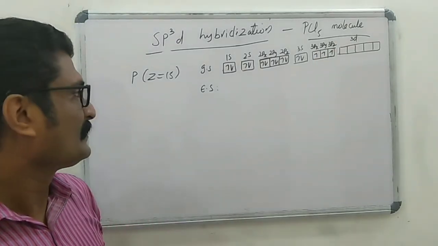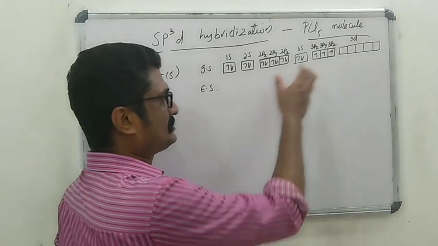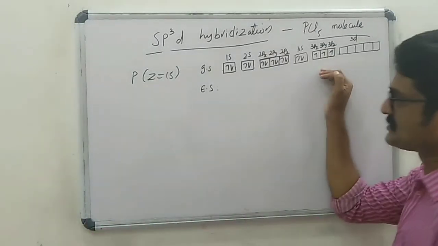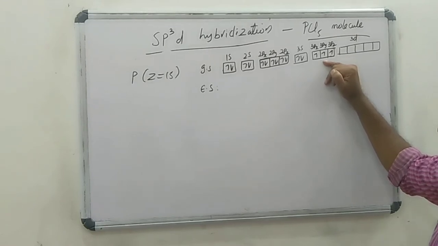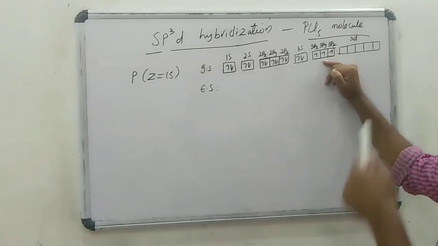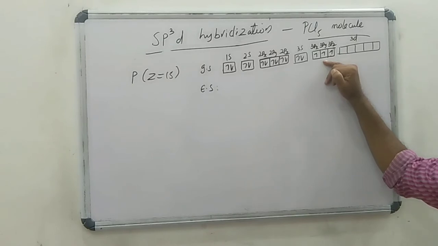3pz1. Okay. But the number of half-filled atomic orbitals in the ground state is only 3. Hence, the ground state configuration indicates the covalency of phosphorus is only 3. Phosphorus is trivalent.